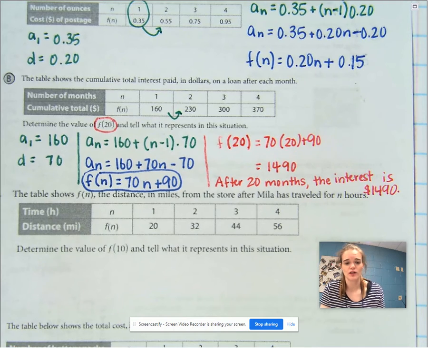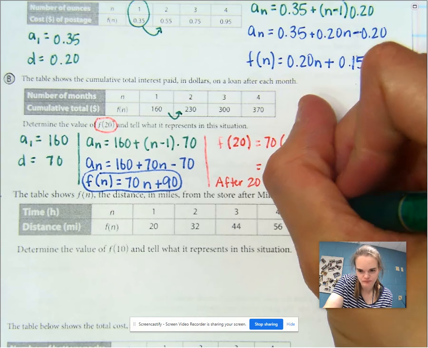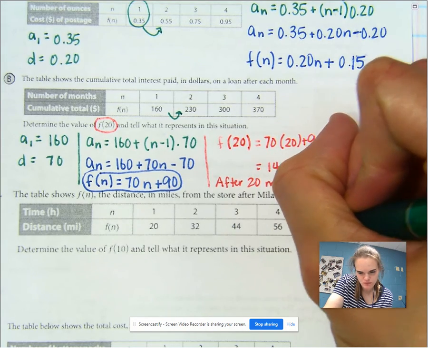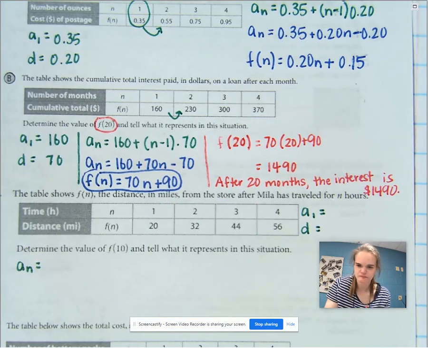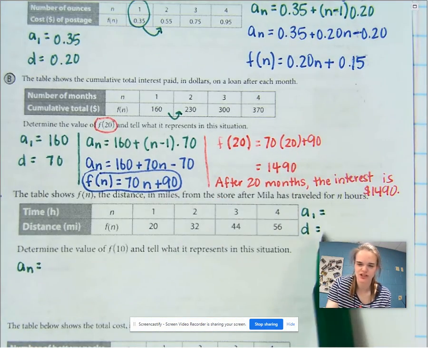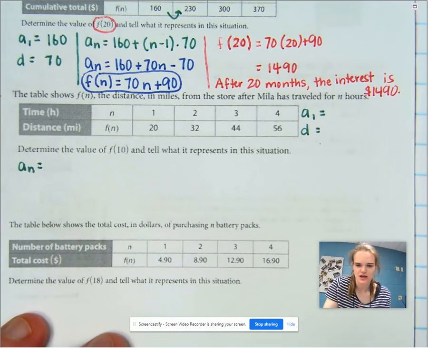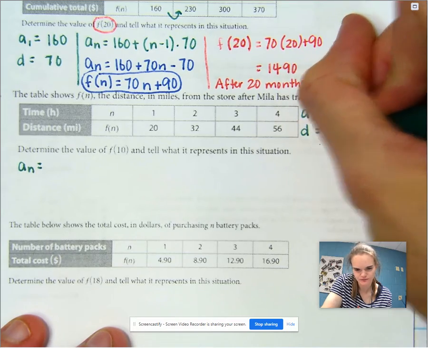I want you to pause the video and do 2 and 3, and then we're going to talk about it. So we're going to put a sub 1 and d over here so we've got more room. We should have been doing that the whole time. Okay, a sub 1 is 20. D is 12.